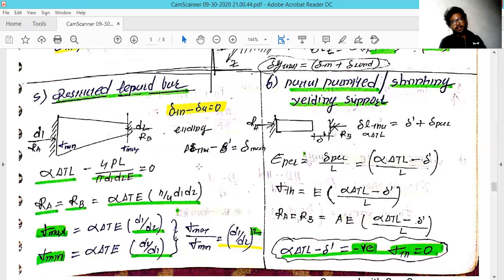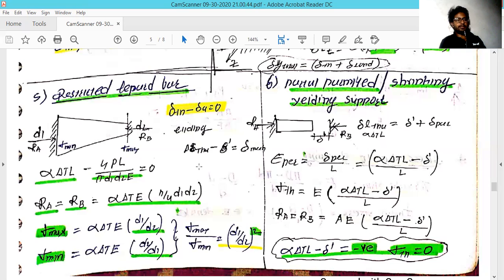So why have we taken the thermal stresses minus the stresses due to the mechanical forces? In this condition, we should understand that the thermal stresses generated are going to be higher compared to the mechanical stresses. Just because of that, we subtract the mechanical stresses from the thermal stresses.